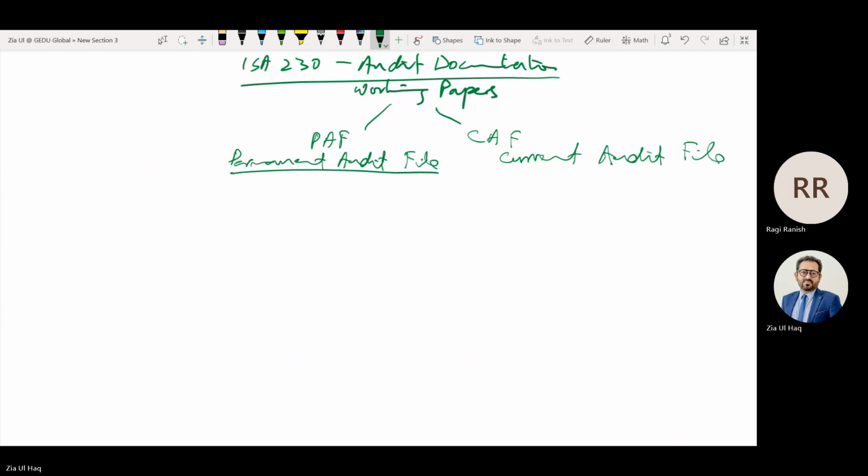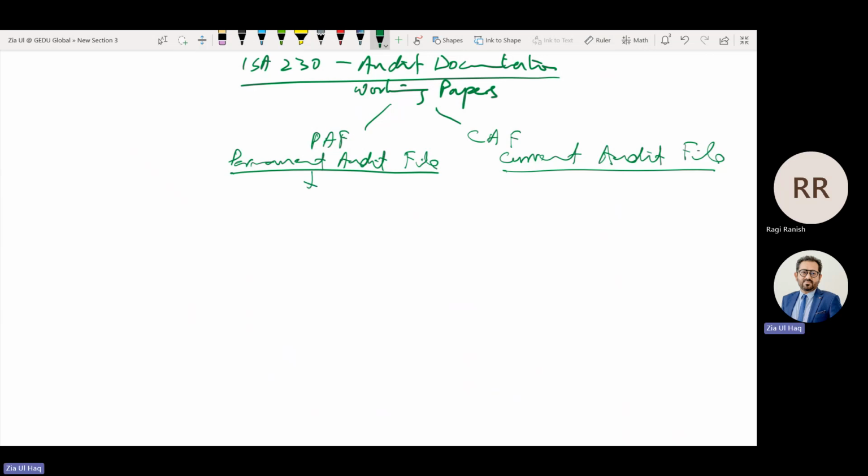And the documents relating to the current year audit: obviously, every year financial statements are different, and you are performing different procedures. The detail of what procedures you have performed to verify different account balances relating to the current year, those documents we keep in the current audit file.